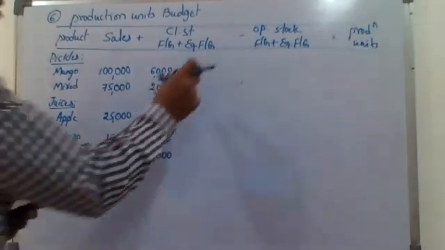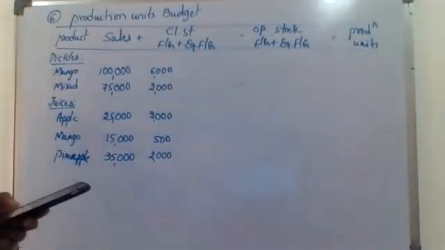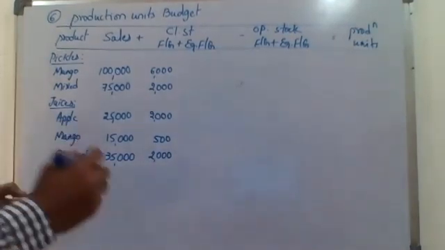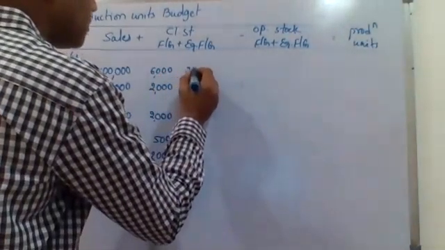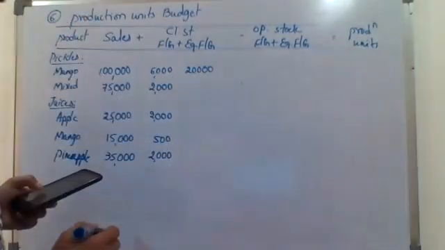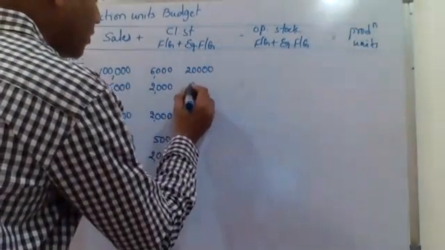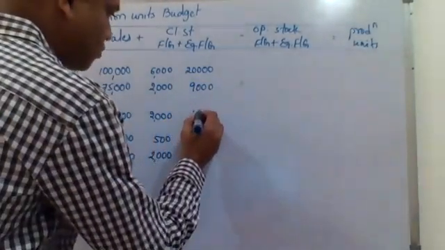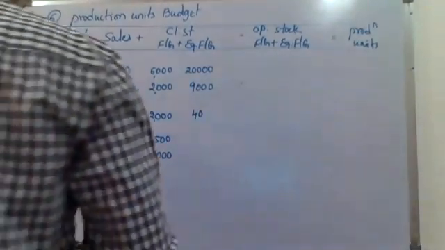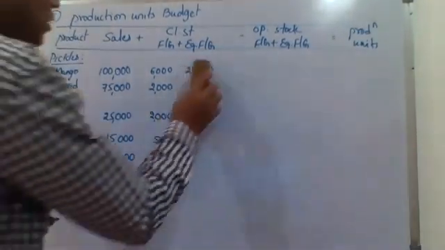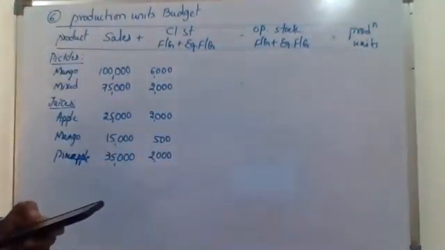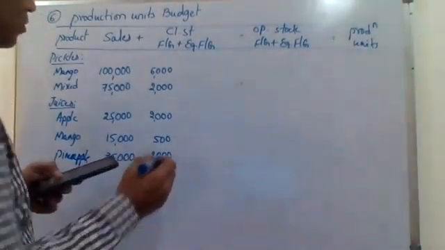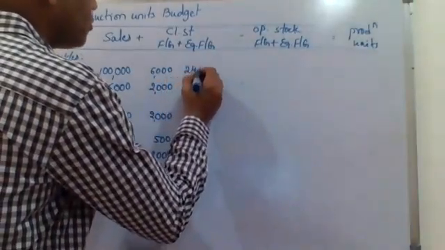And here I will take what we have done in the previous working, the equivalent finished goods of work in progress, that is 80% of 25,000, we got 20,000. Then 60% of 15,000, that is 9,000. 80% of 5,000, that is 4,000. No, I'm taking closing stock. It should be closing stock. No, this will be a mistake if you take opening stock here. You have to look at the closing stock, guys. Closing stock is 40,000, 60%. So 24,000 units.